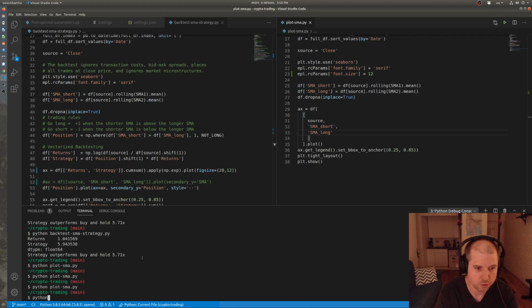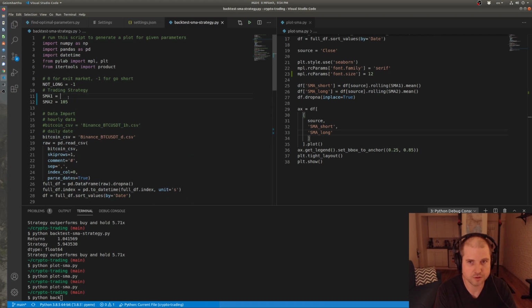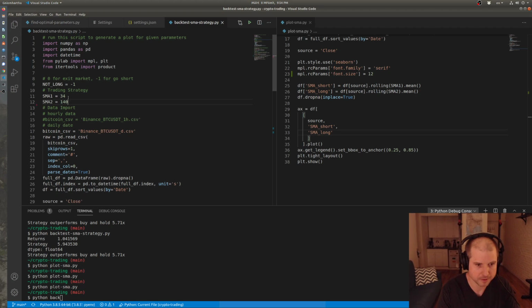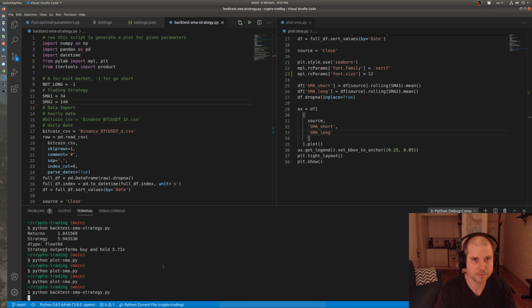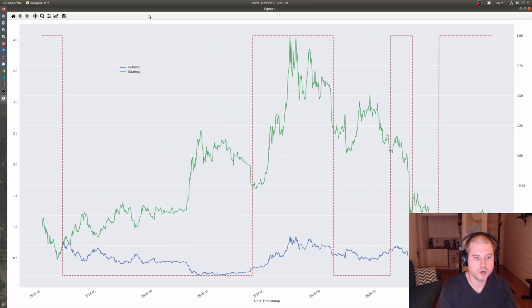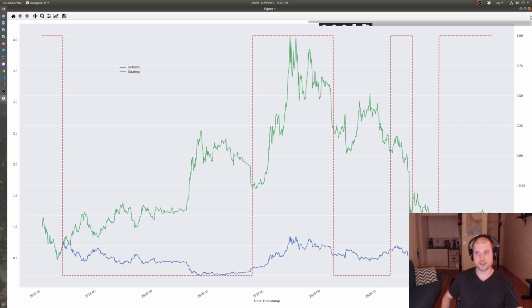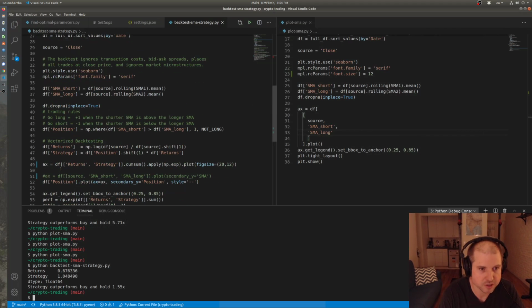Now let me show you the final plot. Let's set these parameters the same as what we were just looking at. And if you watched part 1, you know that this dashed line is the trading decisions made by the bot. And, oh, actually this plot is returns and strategy. This shows you how well the strategy did, but let's look at the moving averages.